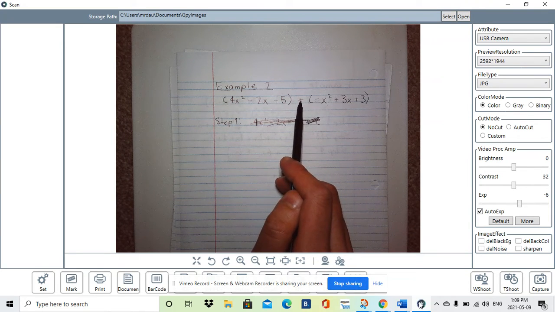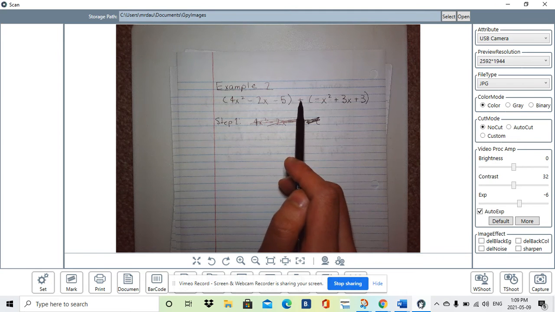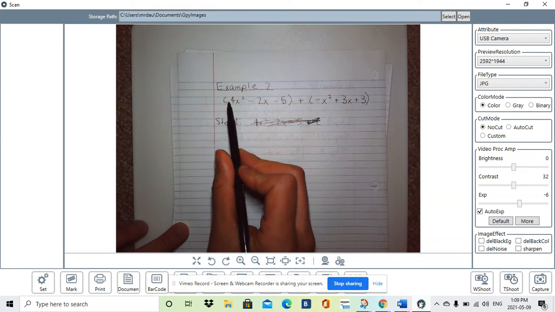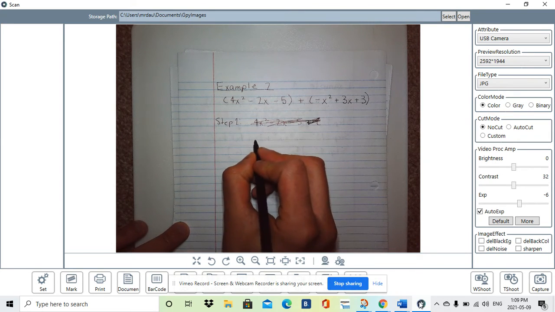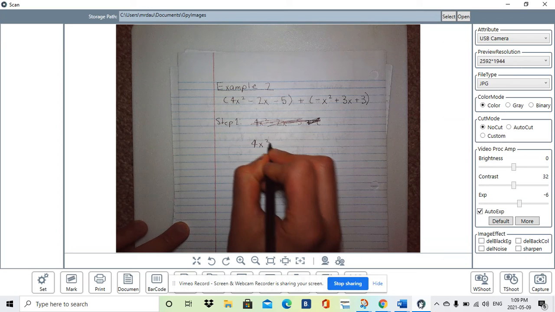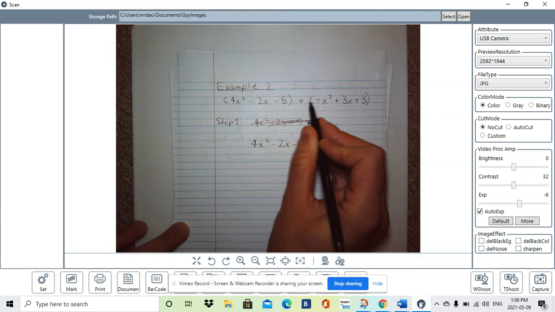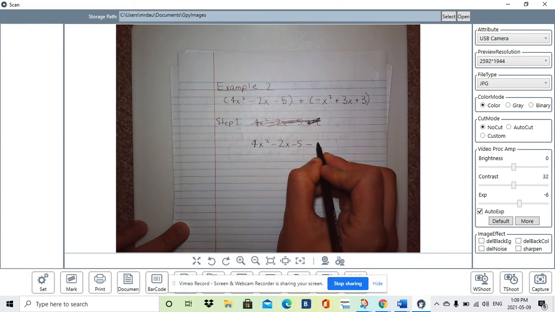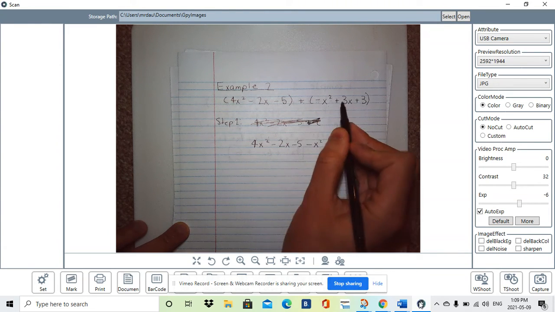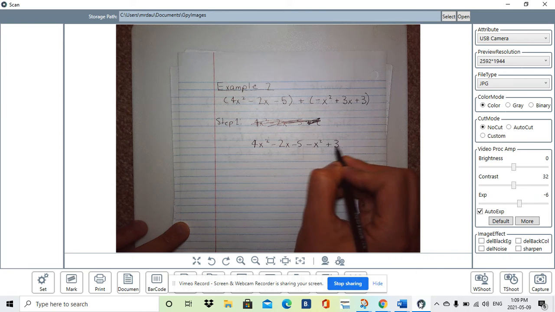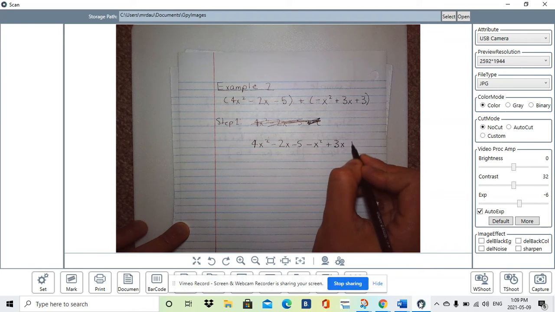Since there's a bracket, we still have to add the 3x and the 3 as well. So if we remove the brackets, we get 4x squared minus 2x minus 5 plus negative x squared, which is equal to just negative x squared, plus 3x plus 3.